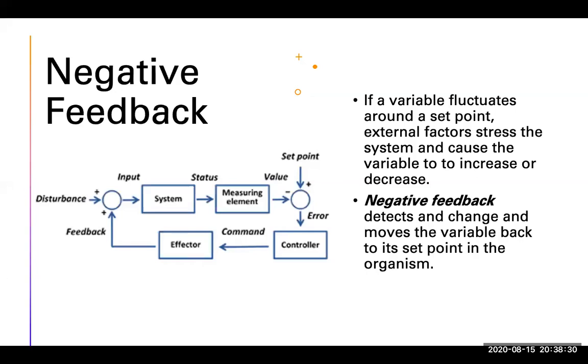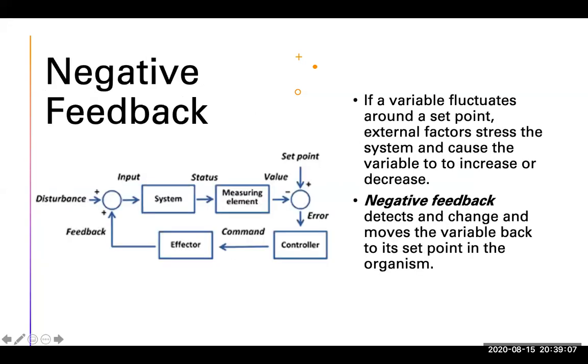In a negative feedback system, if any variable like body temperature or blood glucose level fluctuates around a set point, which is the normal or average accepted value of that variable in the body, external factors will stress the system and cause the variable to increase or decrease. And the physiology behind that is what we're going to go over. Negative feedback will detect that change and move the variable back to its set point in order to keep the organism alive.